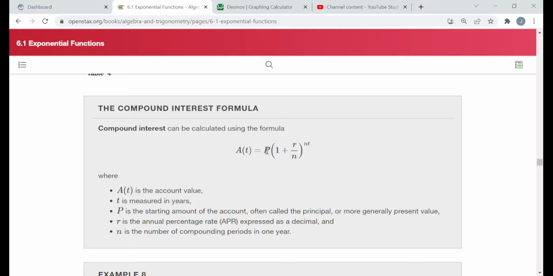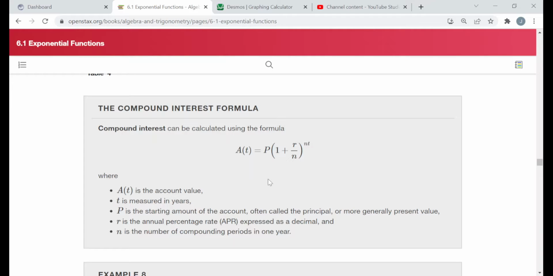This initial amount is called P. It's called the principal, or the present value, or the starting amount. And this formula shows you how much money would be in that account if that initial amount earned interest at a certain rate for a certain amount of time, compounding so many periods in a year.